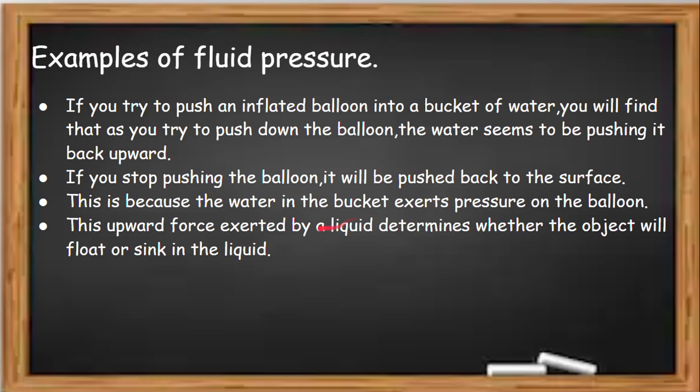This is because the water in the bucket exerts pressure on the balloon. The upward force exerted by the liquid determines whether the object will float or sink. Now, if the object is very heavy, the force exerted by liquid will become less, and so the force exerted by the heavy object will be more and the object will sink.